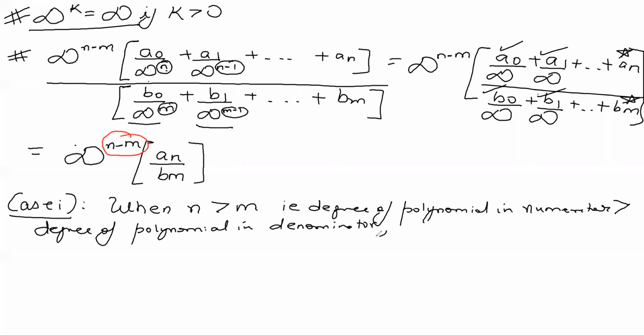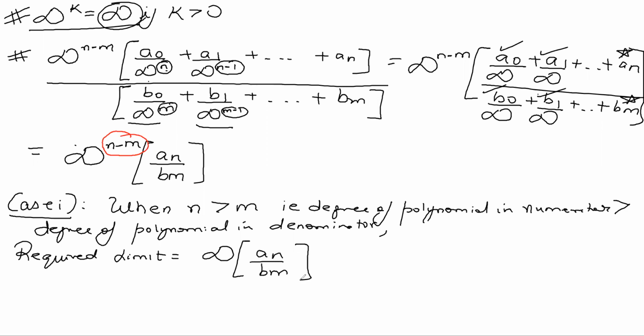So guys, when n minus m is positive, n more than m means n minus m is positive. Now, if the power is positive, the answer is infinity. So I can write the required limit for case 1. The required limit will be infinity into an upon bm, because n is greater than m. That means n minus m is positive. The power is positive means the answer is infinity.